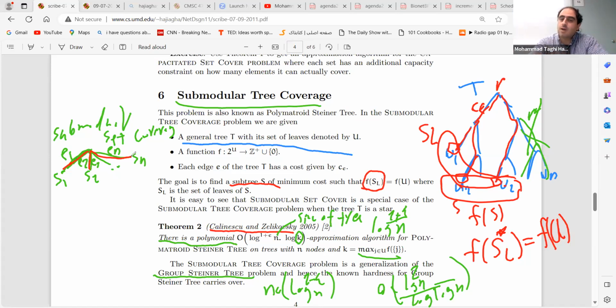So submodular set cover is a special case where essentially the tree is just a star. And of course, there we had a log n approximation, or log k approximation. Here we have another log n extra.